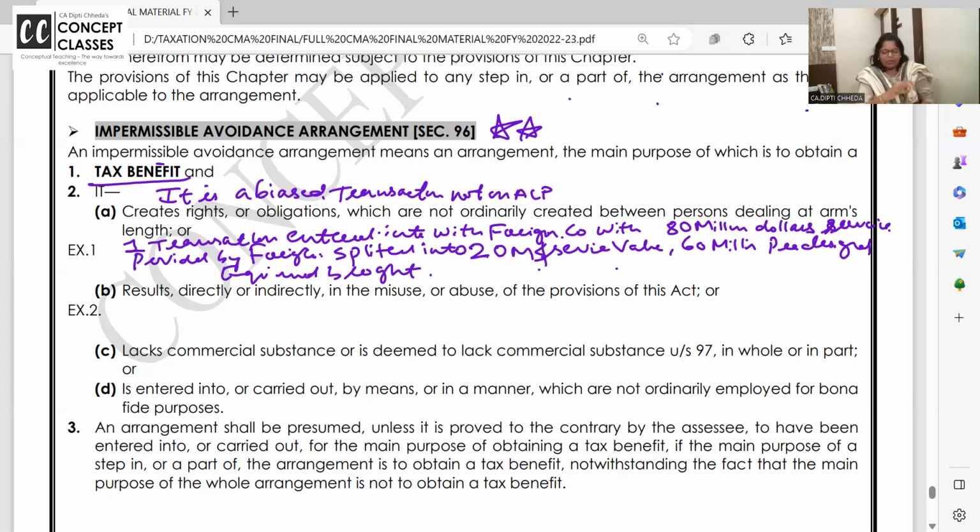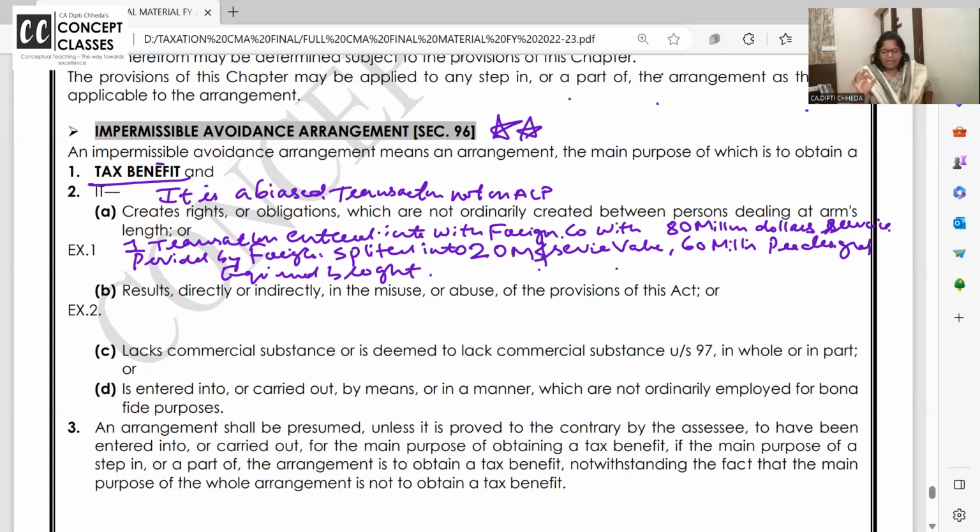So like this, this is an arrangement that mainly for tax benefit. Otherwise, $80 million will be the income of the foreign company in India. To avoid that, they are trying to split. कि 20 million का सर्विस है, 60 million का तो रेडी मटेरियल है जो वहां से यहाँ लेके आए हैं और वहां पे टैक्स भर ही रहे हैं, तो why we should pay tax and like that. So this is not allowed. If this is caught up in law, it is not allowed.